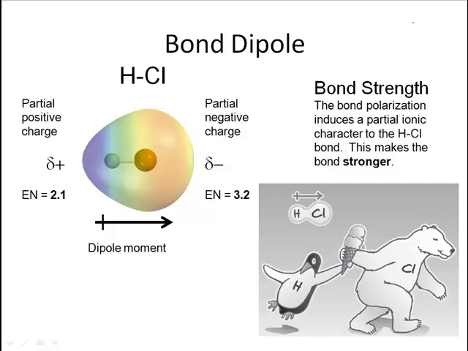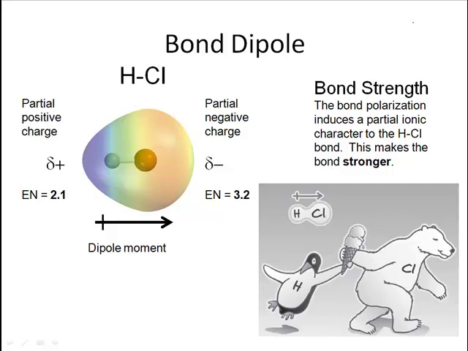Okay, the Cl does. So that's why it is a partial negative charge. The H is a partial positive because, again, its electronegativity is not as great. This arrow is what is called a dipole moment. This side of the arrow has a cross on it or a plus sign. That's the positive end. This side is the negative end. It always points towards the negative end of the molecule.